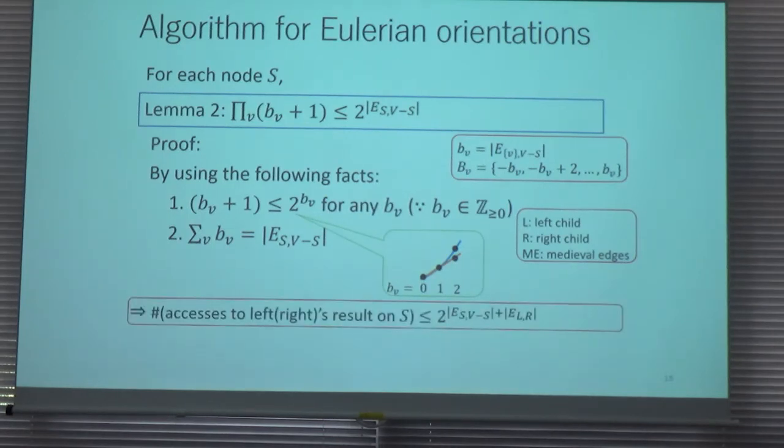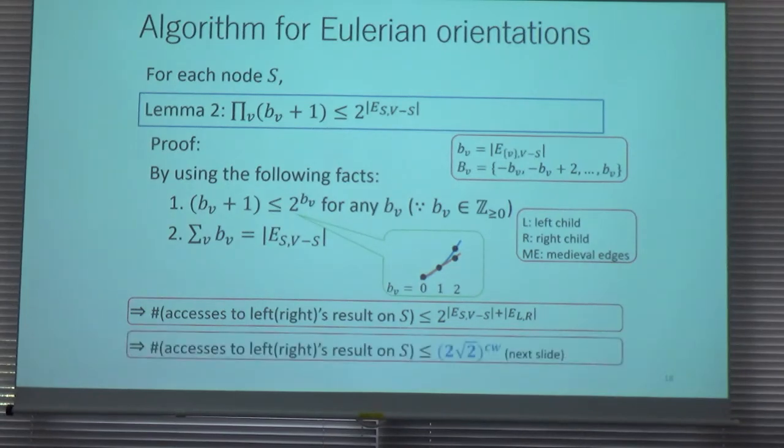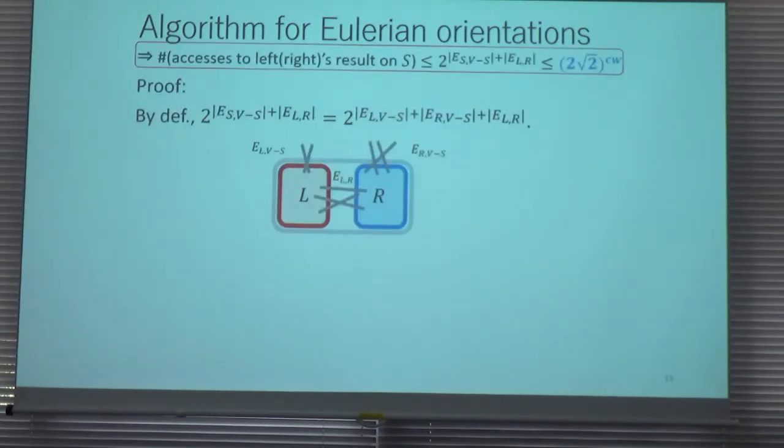Since we try all possible directions for the median edges, the number of accesses to the left child and right child is bounded by this order respectively, and we show that this is also bounded by 2 square root 2 to the carving width. This is because E(S,V\S) is equal to the summation of E(L,V\S) and E(R,V\S).